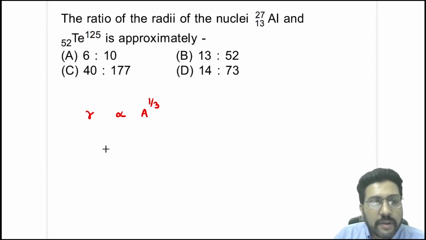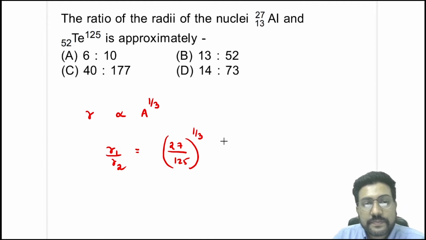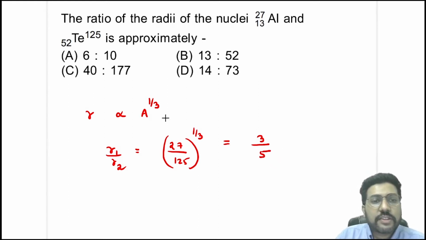So R1 by R2 will be equal to 27 by 125 whole power 1 by 3. 27 power 1 by 3 is 3 and 125 power 1 by 3 is 5. So the radius ratio will be 3:5.